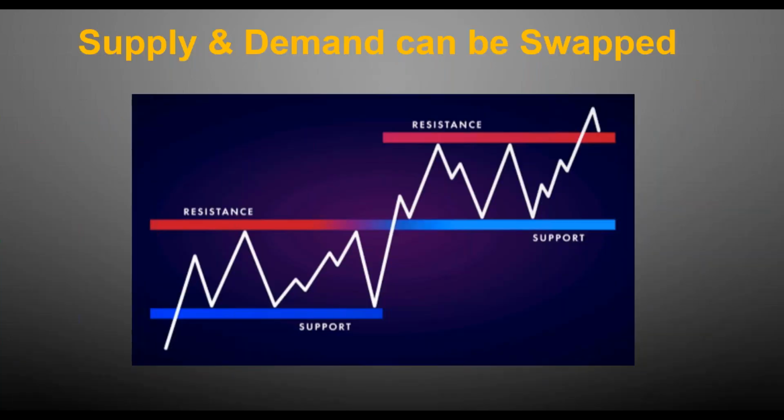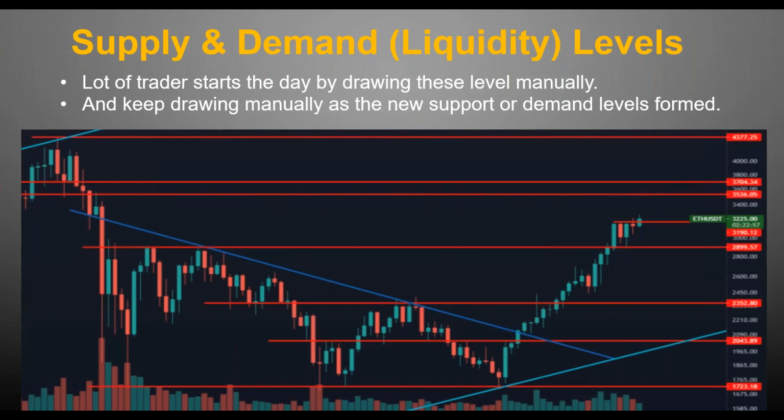So at a very high level, the market bounces between support and resistance levels. Support and demand are the same. Resistance and supply are the same. Different traders just use different terminologies, so don't get confused. When we say support, it's also called demand. A lot of traders try to find their own way of finding the demand and supply zones.